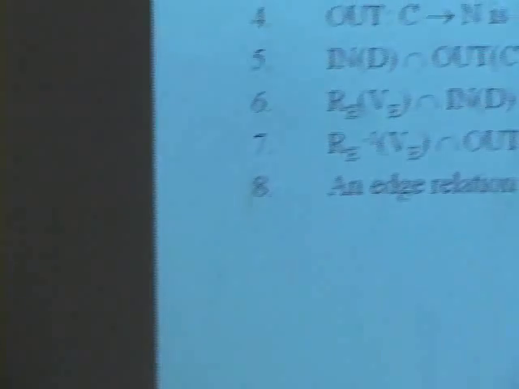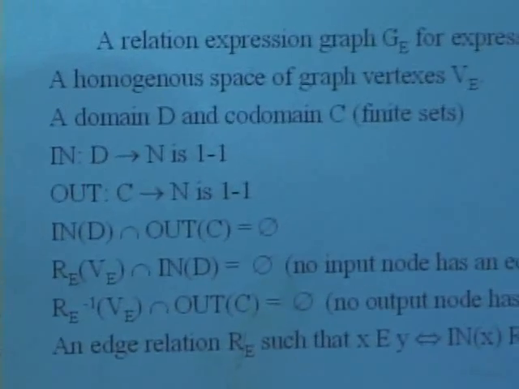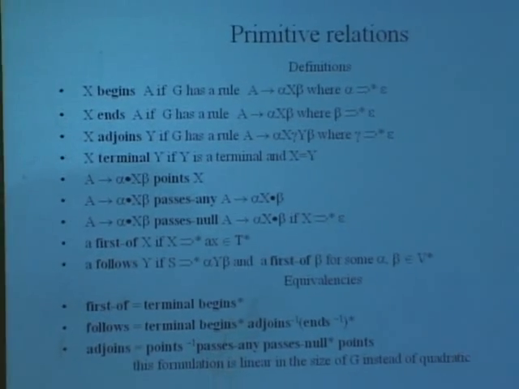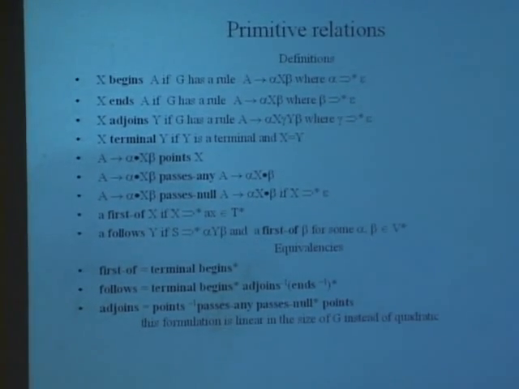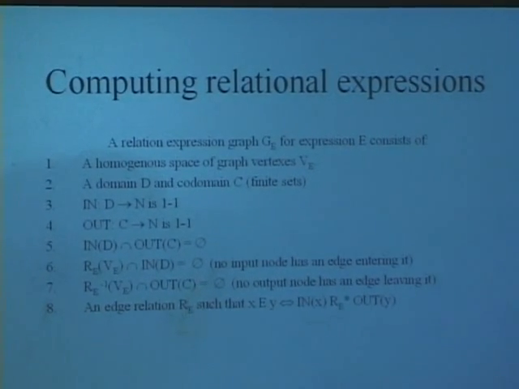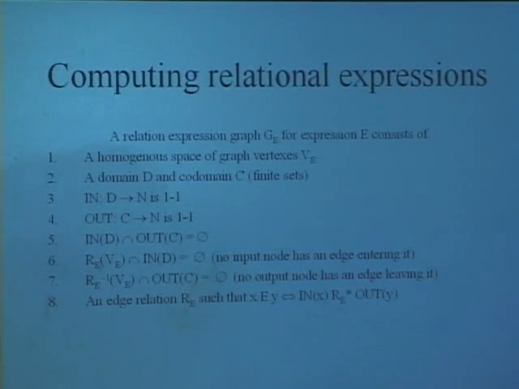We can do this directly. We're going to project into a space of graphs, right? If you noticed, these relations all have different types in and out, right? Now we're going to go into a homogeneous graph space of vertices, okay? We start out with a domain and codomain of a relation.